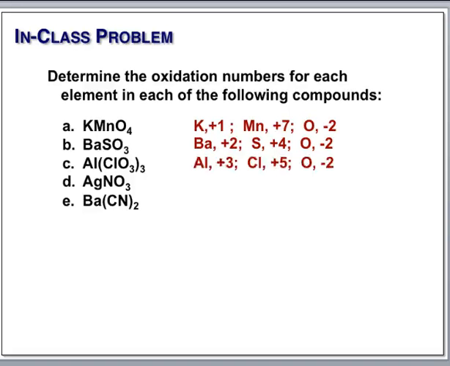That's 6 negatives. In order for chlorate to be -1, chlorine must be +5. Now we happen to have 3 of them to balance out the aluminum, but we don't care about that in terms of oxidation.